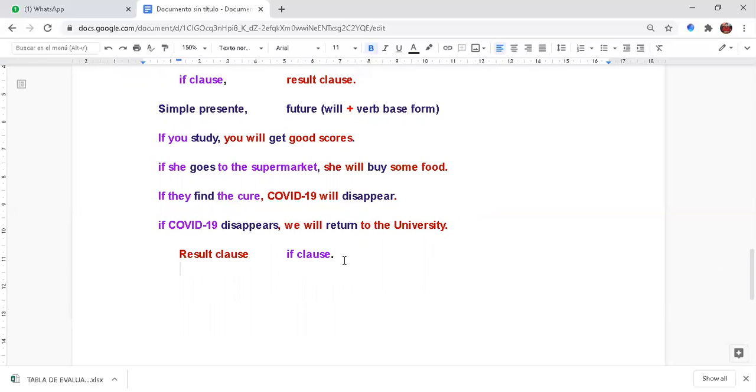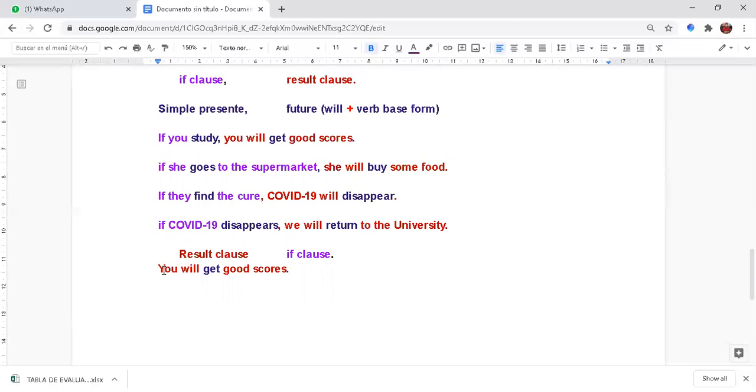So let me organize some sentences. I will copy the same sentence. You can take the result at the beginning, and of course you need a capital letter. You will get good scores.